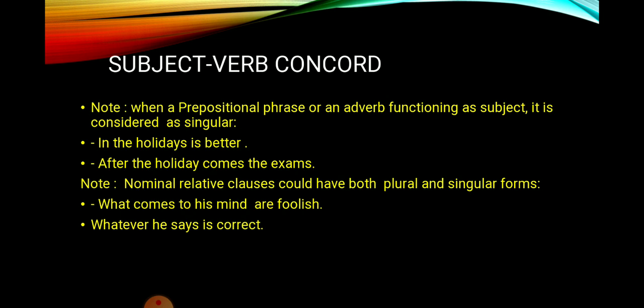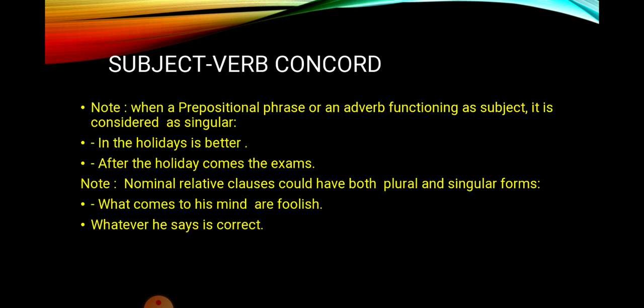When we have a nominal relative clause, we could have both plural and singular forms. So since the nominal clause is equal to a noun phrase or a noun because it is nominal, we can choose one of the two, whether we consider it as singular or plural.